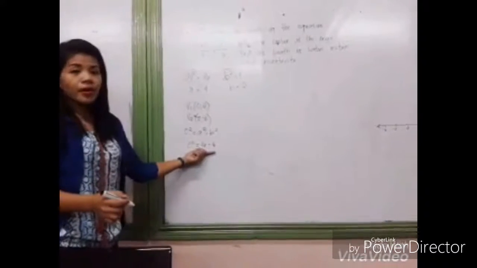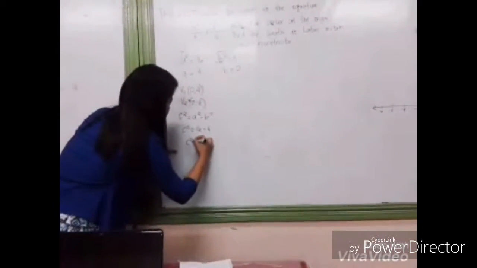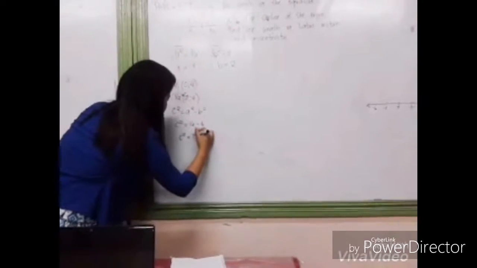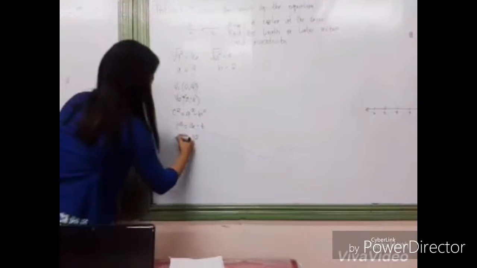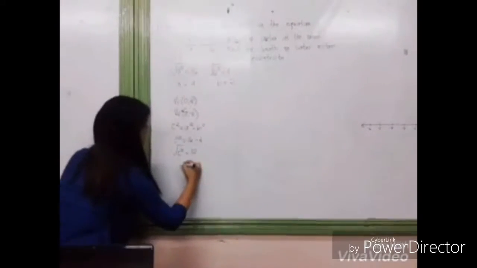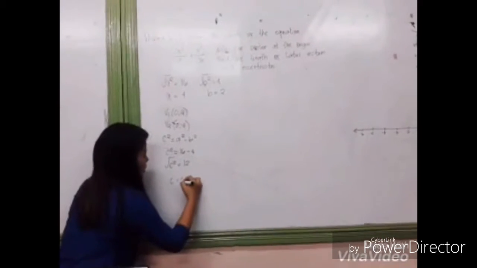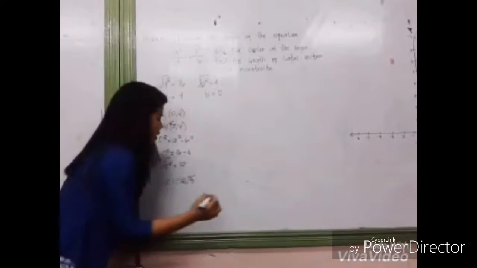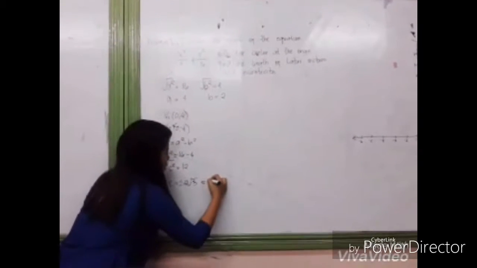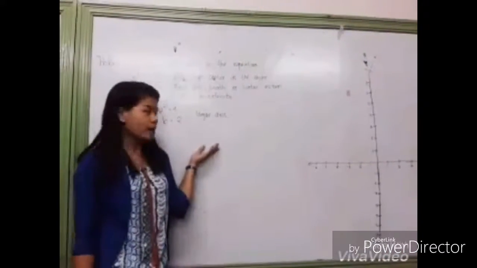So 16 minus 4, we have c squared equals 12. Taking the square root, c is plus or minus 2 square root of 3, which is approximately 3.46.